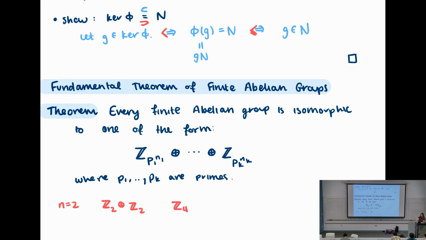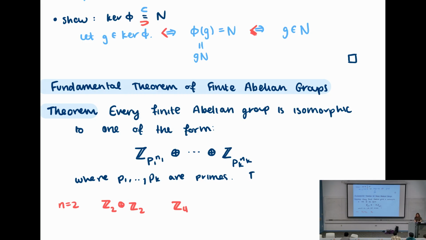So these are each of the form listed, and they're different from each other. Okay, so the theorem says a little bit more. It also says that the terms appearing in the product are unique, or in other words, that groups of this form are not isomorphic to each other.